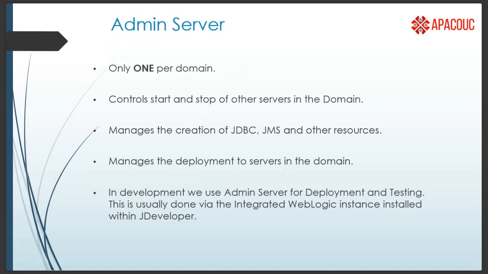I can start and stop servers from the admin server. I can deploy applications within the domain. But there is a tip for the admin server: it can only be one per domain. So each domain has only one administration server, and the admin server controls one domain only.